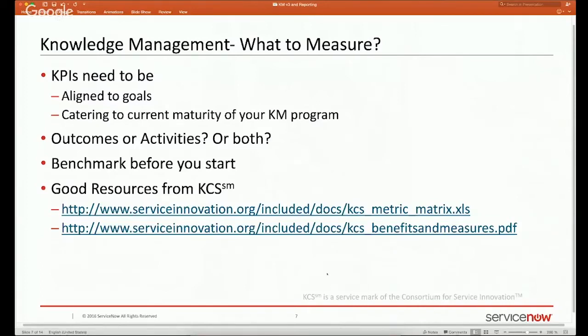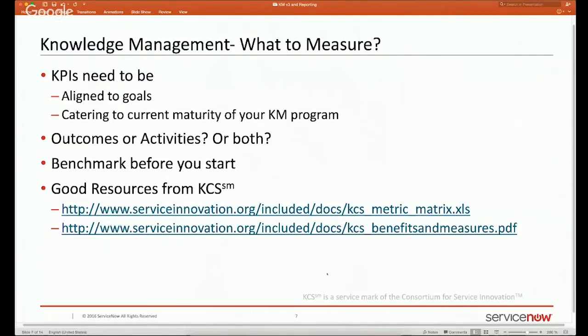How many articles got created? How many got attached? So what do you need? Actually, you need both. You need to find out which are the activities that you need to measure to accurately identify the state of affairs, while you're also measuring outcomes for finding out how effective your knowledge management program is.